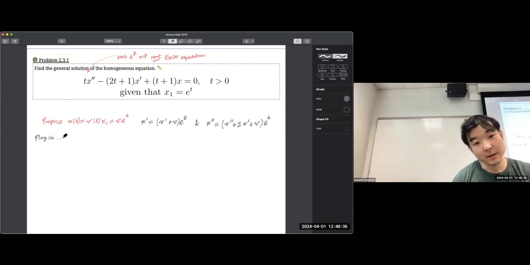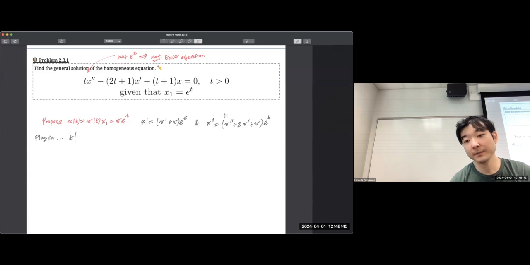Just keep in mind, this is your equation. When you plug it in, it's a little more complicated because you have a t times all of this. Actually, I won't even put these parentheses.